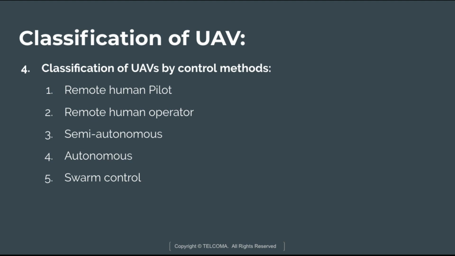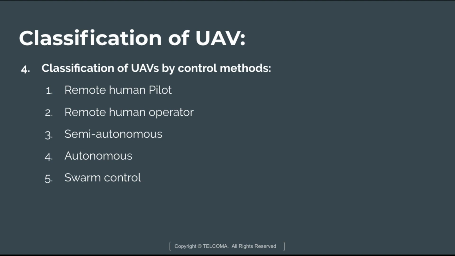So the first one is remote human pilot. It is a UAV that is controlled by the remote pilot, and it is real-time control. Whereas in remote human operator, the human uses the flight parameters to invoke the built-in function for the vehicle control. In semi-autonomous, the human controls initiation and termination, and the mission execution is autonomous.